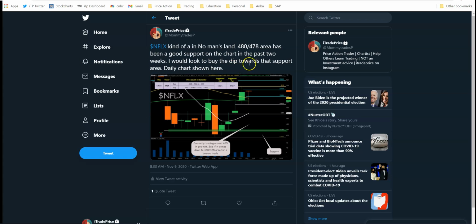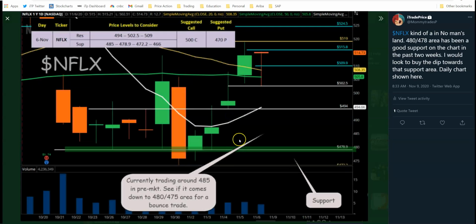So I would look to buy the dip towards that support. So this was the chart. The stock was trading somewhere between 490 and 480 for the most part in the pre-market. This was the support level below that, and the one below that was 472 all the way to 466.